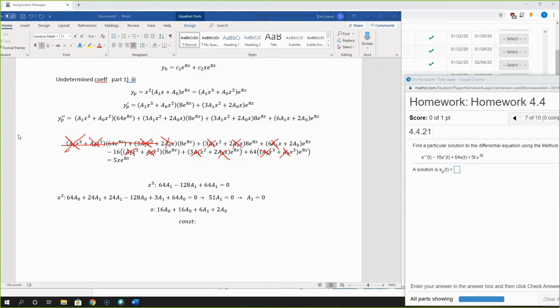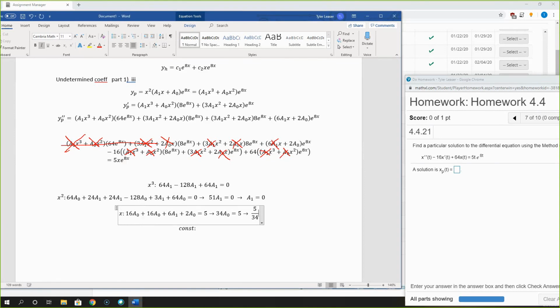And now this we have to be careful with, because this is not equal to 0. This is going to be equal to the 5 from the other side. So hopefully this will give us the A naught here. Because A1 is 0, I can ignore that. 16 plus 16 plus 2, 34 A naught is equal to 5.